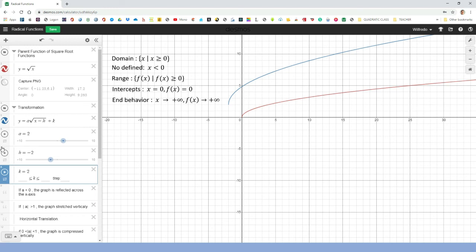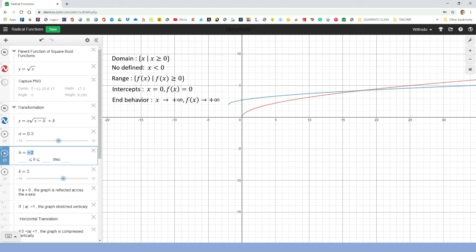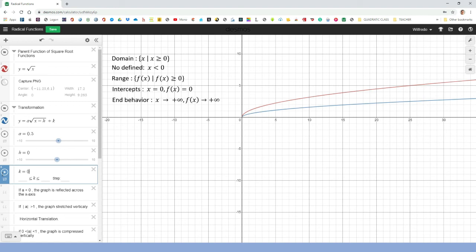Now, I'm going to do another example. What happens when a is not 2? Suppose that a now is 0.5. It's a compression. Let me change here, and I'm going to use 0, 0 here. Now, I have the function y equals square root of x, but I use a equal 0.5.